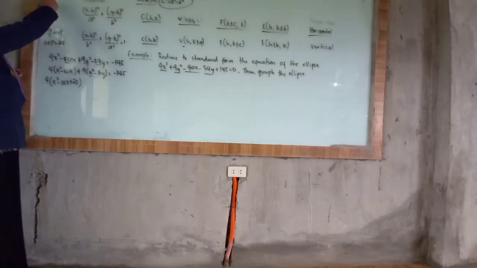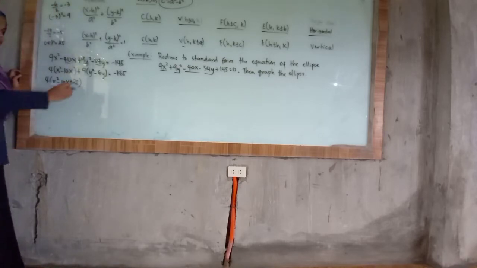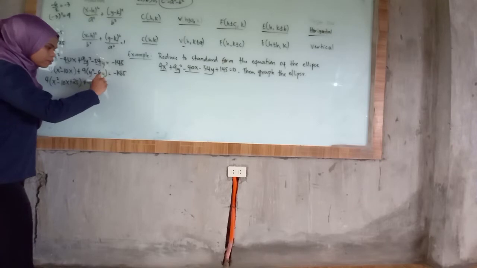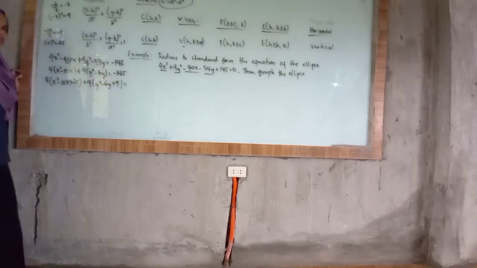Negative 6 divided by 2 is negative 3. Then we square it, so it becomes positive 9. So y squared minus 6y plus 9. Now, what did I say about the parabola?